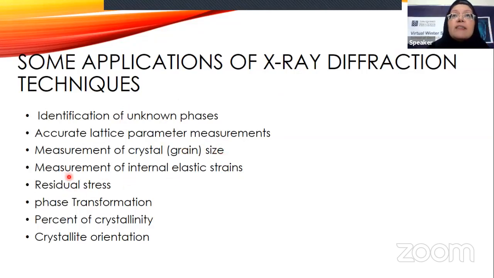We can measure the internal strain of the crystals, which is important in dentistry. We can also measure the residual stresses. For example, residual stresses produced between the two layers of ceramics are very important to know.